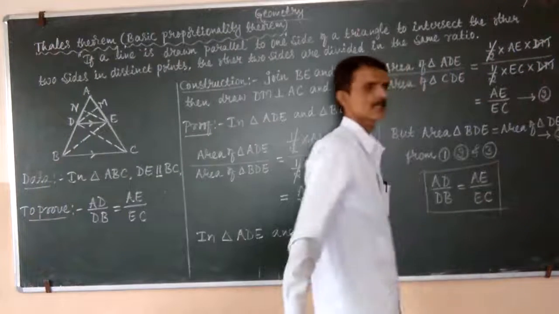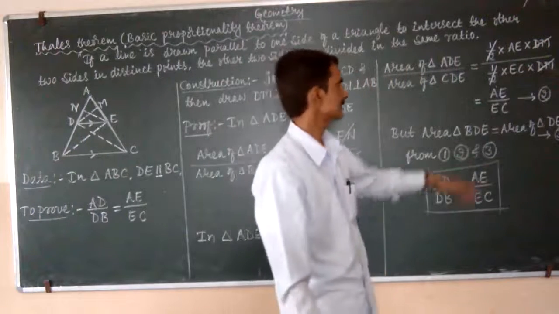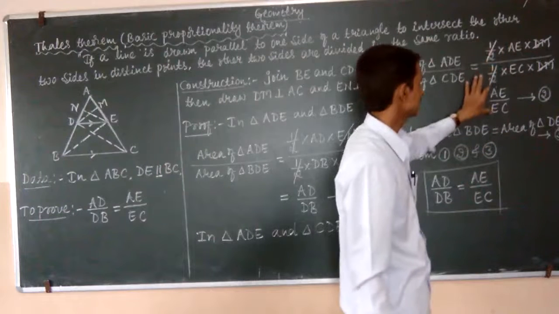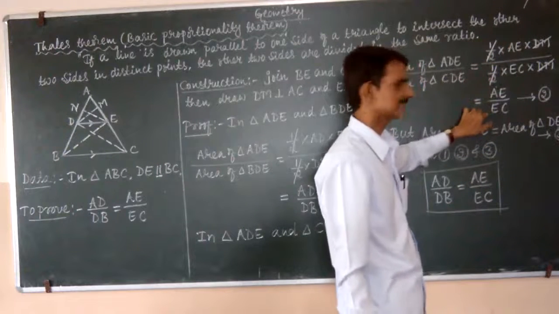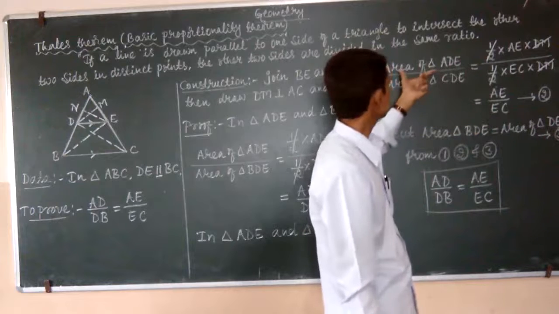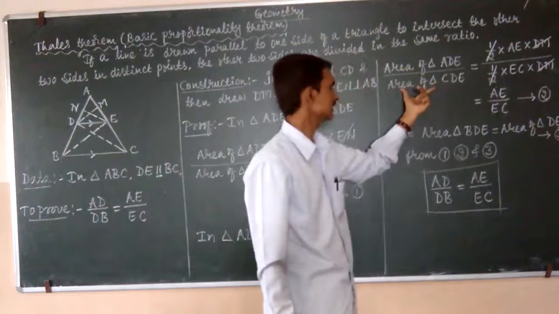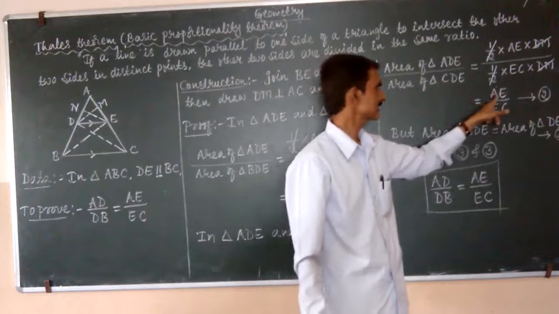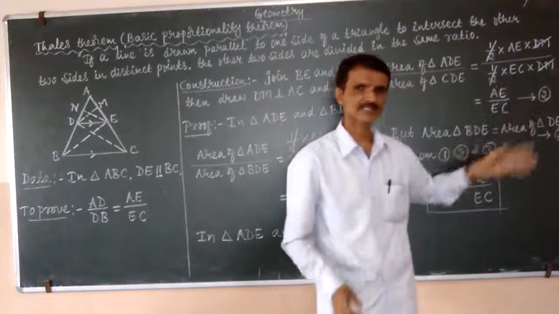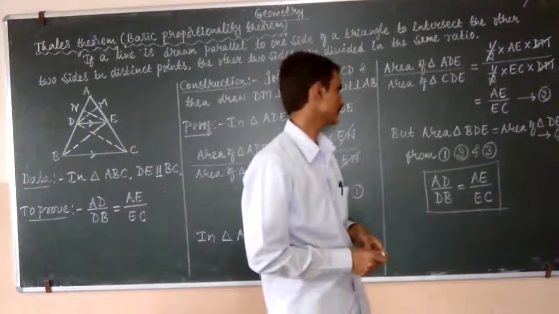DM is common, so it also gets cancelled. The remaining is AE by EC. Therefore, the area of triangle ADE to the area of triangle CDE equals AE by EC. Call this equation number 2.